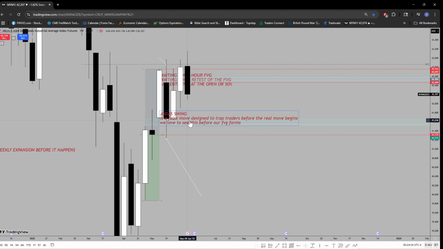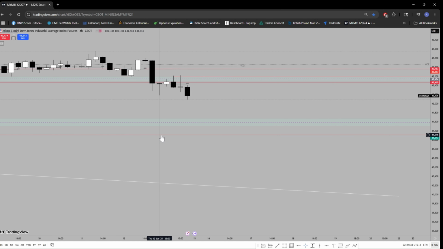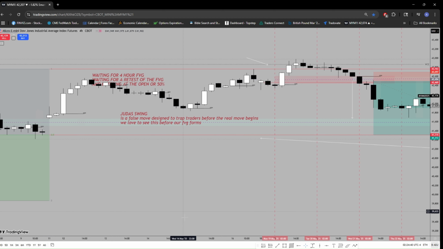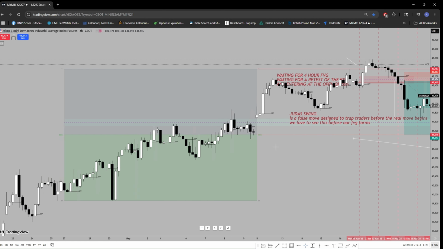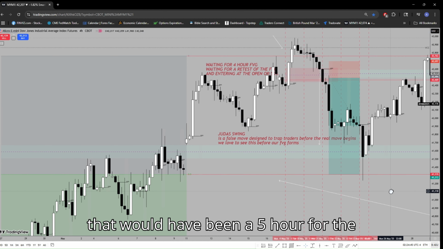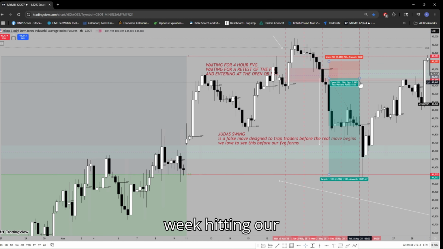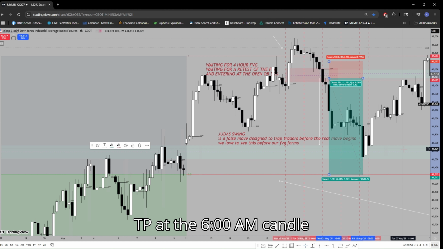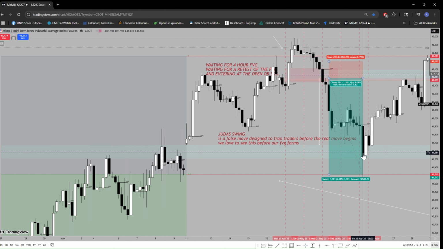That's our 50%. That would have been a 5-hour for the week, hitting our TP at the 6 a.m. candle pre-New York. So this would be our first example.